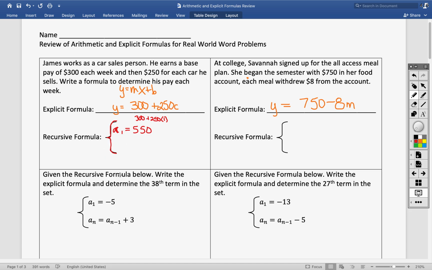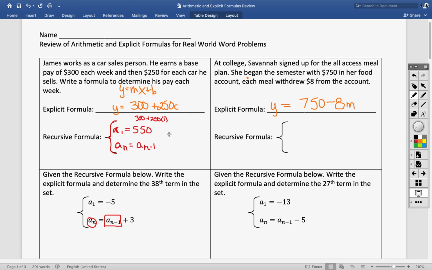Okay, a recursive formula also describes everything with A of n. Now, A of n means every other number in the set. And then it says, okay, we take this piece, says the number previous to it. So A of n minus 1.